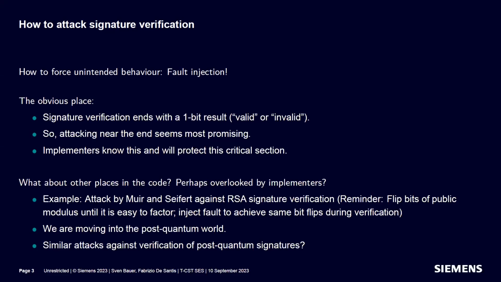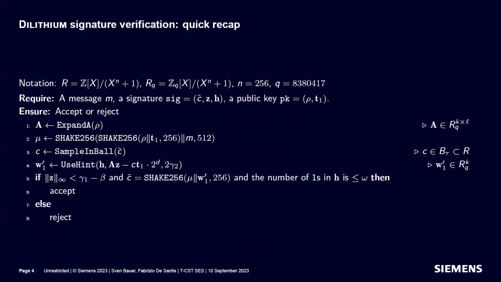And it's a bit of a surprising attack, or at least for an implementer. I mean, hardly anybody would have thought about securing that bit of the code or the public modulus before these papers were published. Now, of course, RSA is not quite state of the art anymore, so we want to know, can you do this with post-quantum signatures or something like that?